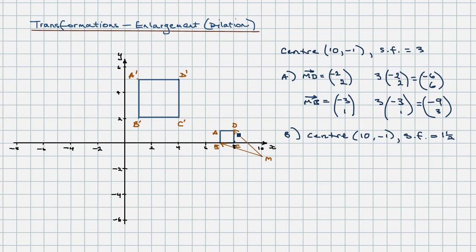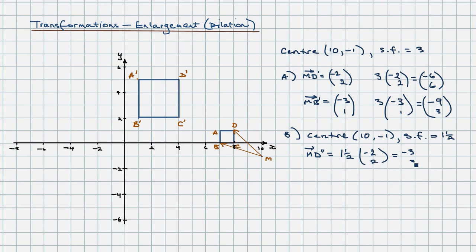So again, pretty straightforward. It's going to be 1.5 times that vector. So M to D, that should have been D prime, M to D, let's call it D prime prime this time. Okay, M to D prime prime is going to be 1.5 scale factor times minus 2, 2, giving us 1.5 times minus 2 is minus 3, and 1.5 times 2 is 3.